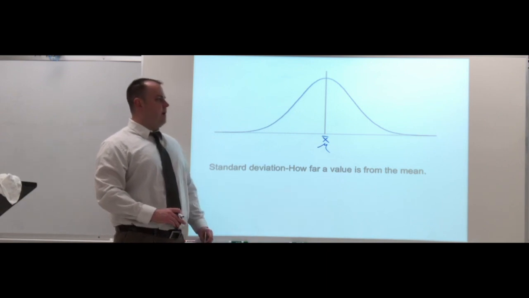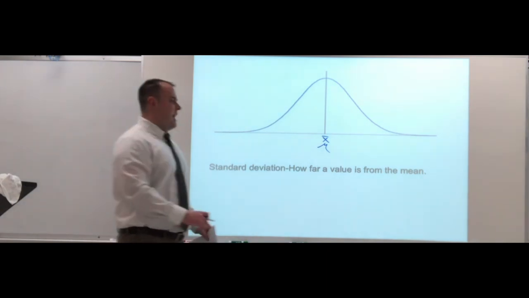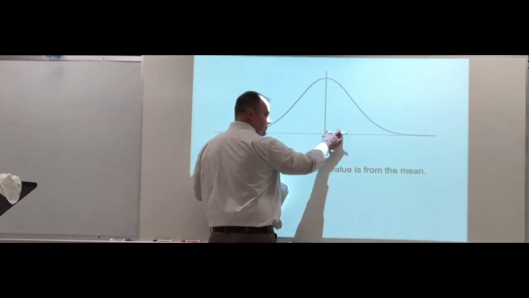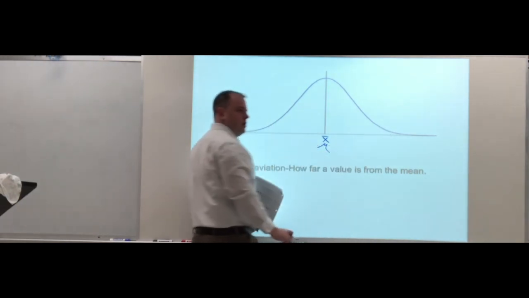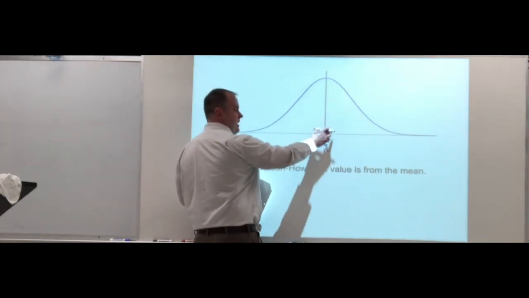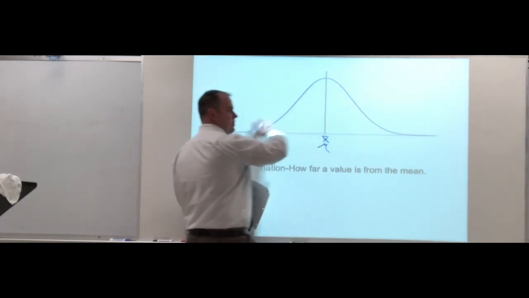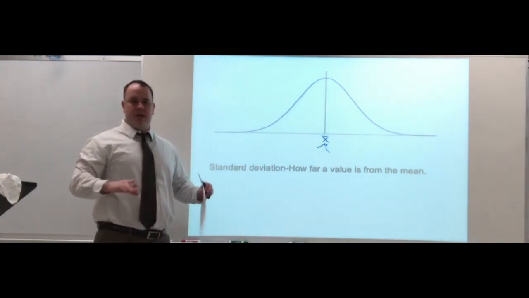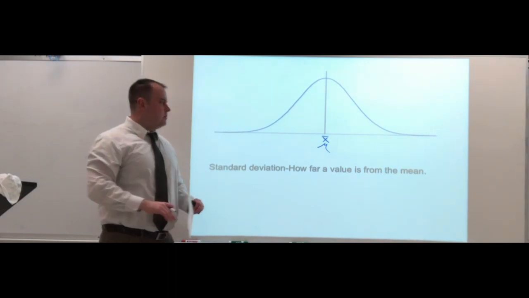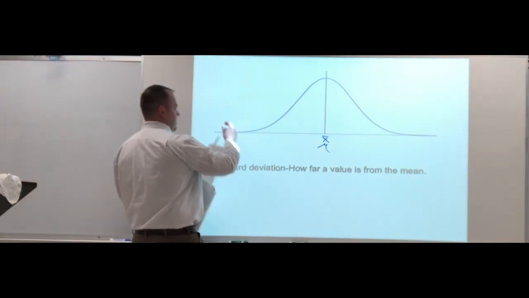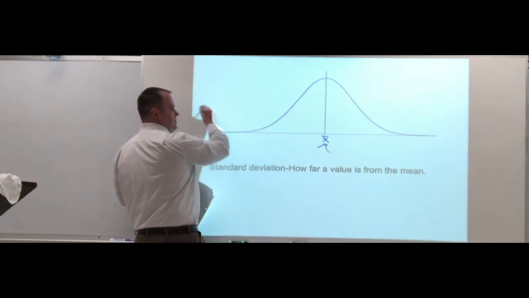The standard deviation is how far a value is from the mean, and it measures how things are spread out. A small standard deviation is very close to the average. A large standard deviation spreads things off to the right and the left, equally. Let's base it off a small standard deviation first. We have our center average.